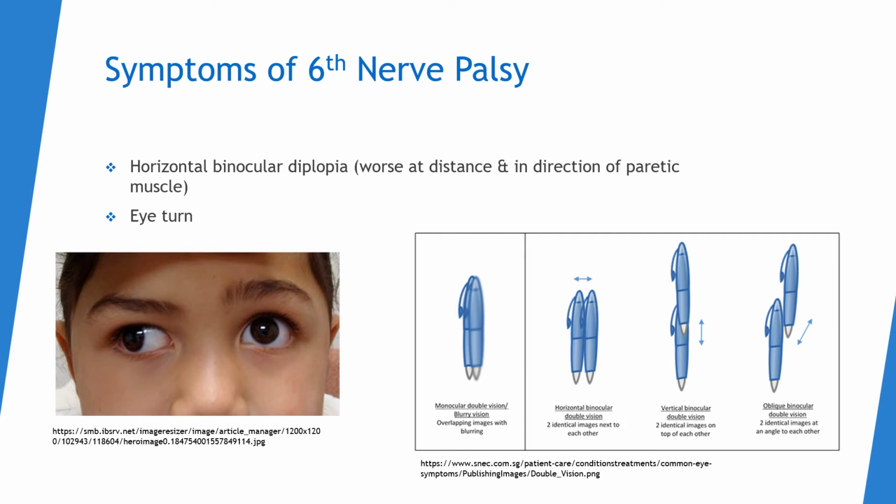And that being said, I invite you to watch the other cranial nerve videos as well. Specifically, the sixth nerve palsy would cause horizontal binocular diplopia, where there seems to be two objects placed side by side, no vertical deviations whatsoever, and they may notice an eye turn as well.